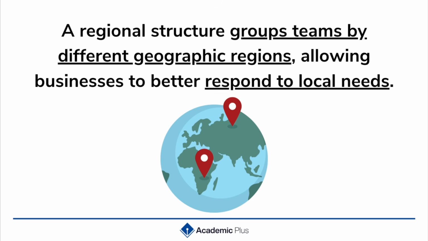Each regional division operates semi-independently, managing their own functions like sales, marketing, and operations, to try and better cater to the local customer needs, different regulations of different countries, and different market conditions. A bit like a decentralized approach. So rather than having one headquarters in one country with all the decision making power there, we decentralize that decision making power.